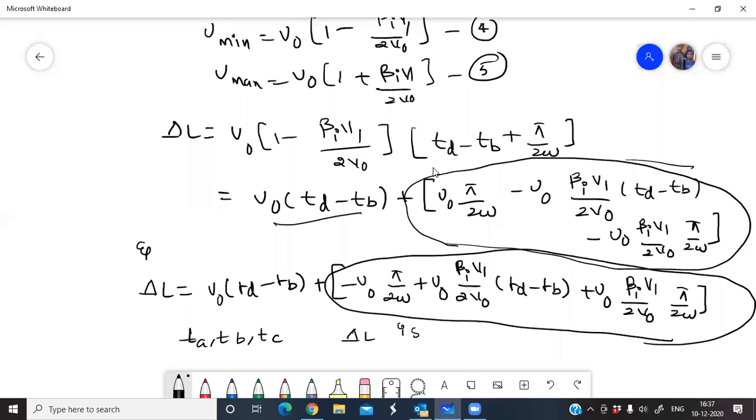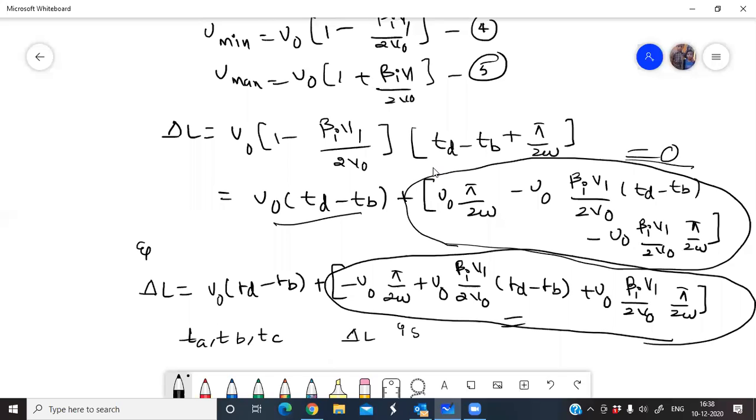So what I want to say is, the necessary condition for the electrons TA, TB, TC to meet at the same distance is that you have to get the same equation for the 3 electrons, namely V naught into (TD minus TB). So the condition is that this whole thing equals 0.